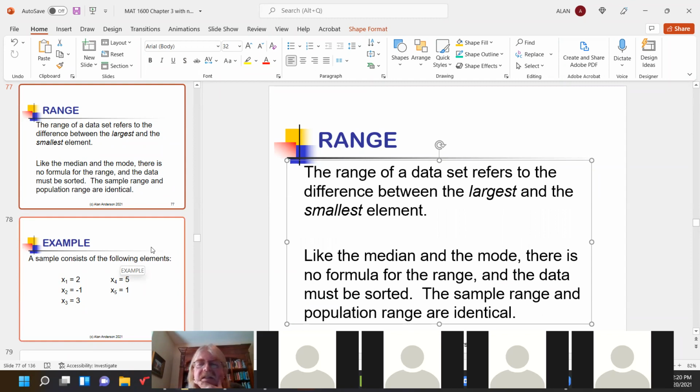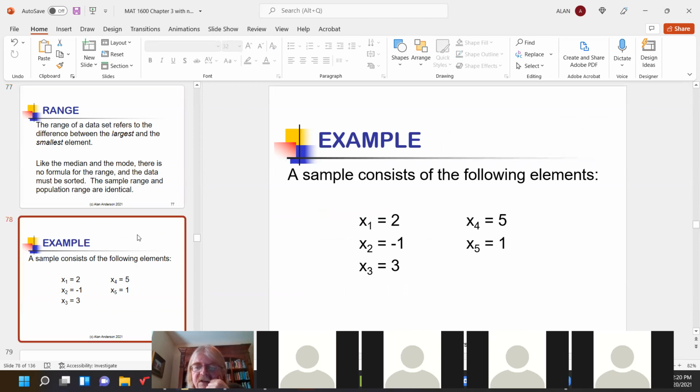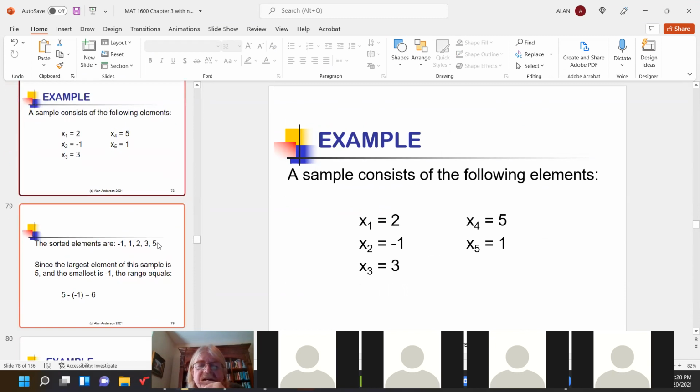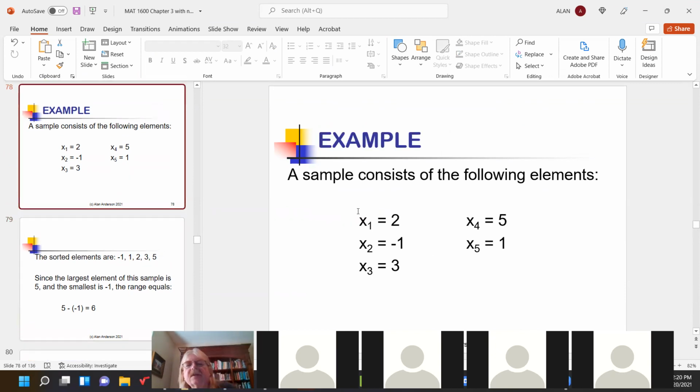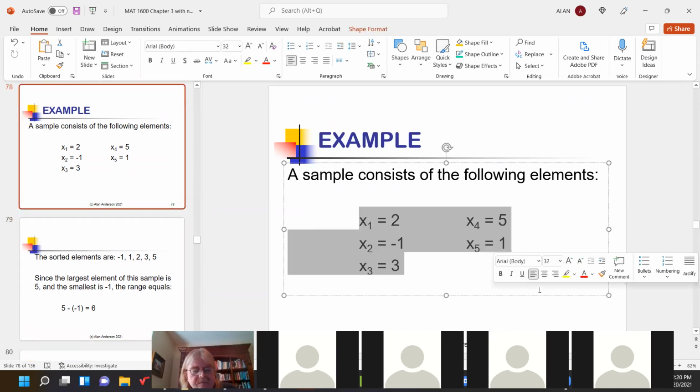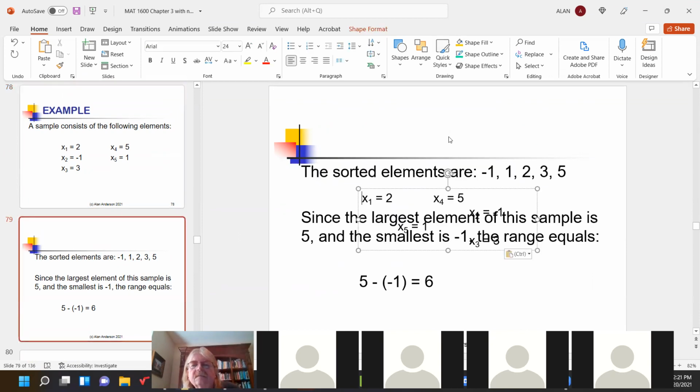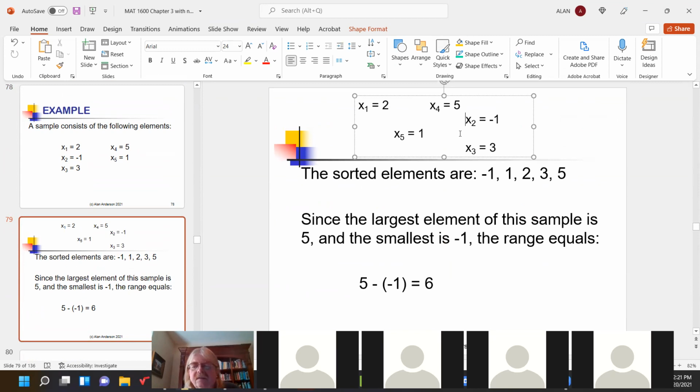So let's go back to that sample that we've been looking at all this time. Those are the same 5 elements we've been looking at for a while now. I'll leave these up here as a quick reminder.